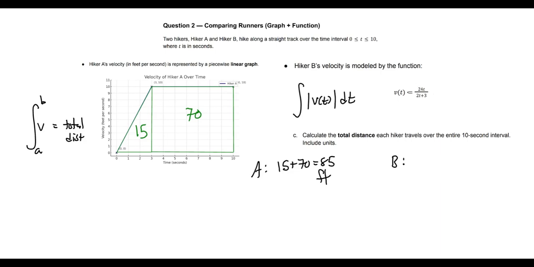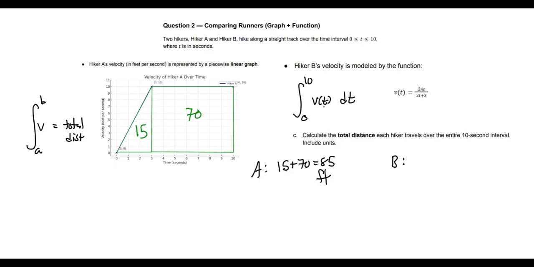If you consider the fact that we're going from 0 to 10 here, and this is 24t over 2t plus 3, if you plug in any number from 0 up to 10 into this equation, you will always get a positive result, meaning we don't need the absolute value bars for this particular question here, right? Because absolute value just guarantees it's positive. Well, it's already positive, so we don't need that.